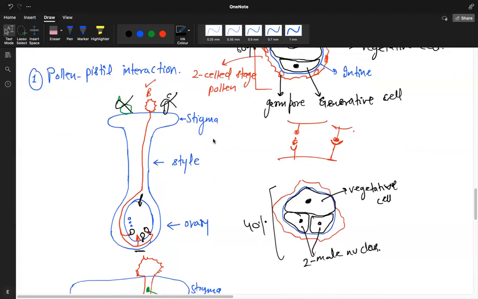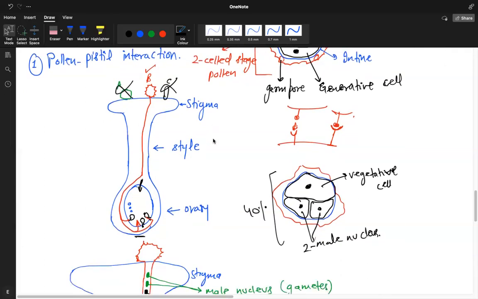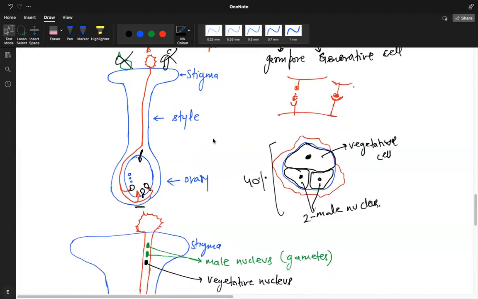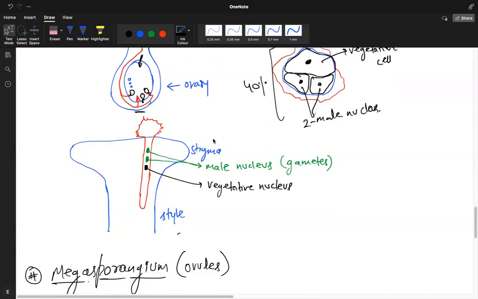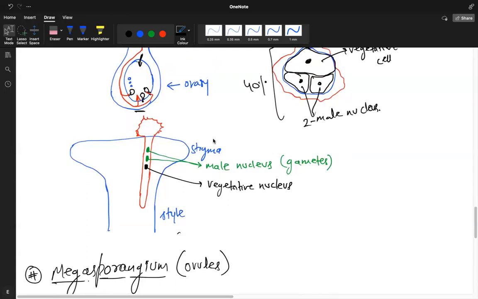The generative cells divide mitotically to form 2 male gametes. Correct. Regardless of the stage at which pollen grains are shed, almost all angiosperms have 2 male nuclei and 1 vegetative nucleus in a mature pollen, which is ready to form a pollen tube.